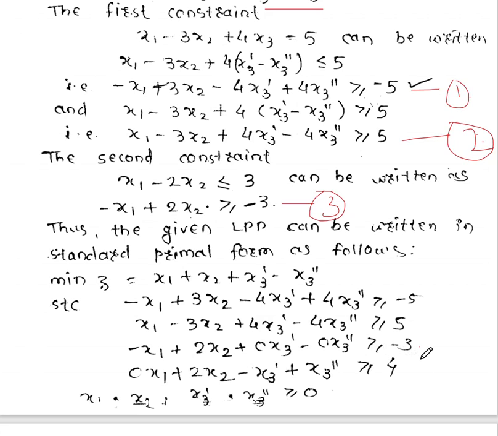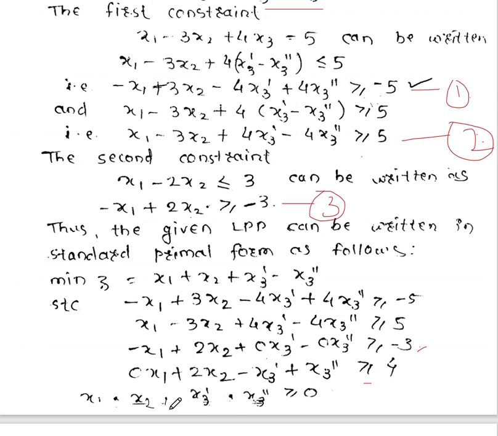Here there is no x3 variable, therefore we take 0x3' - 0x3''. There will be no change, because if you multiply 0 by any number it becomes 0, as the x3 term is absent. Then the last equation, which is already given in the form of greater than or equal to: 0x1 + 2x2 - x3' + x3'' ≥ 4.